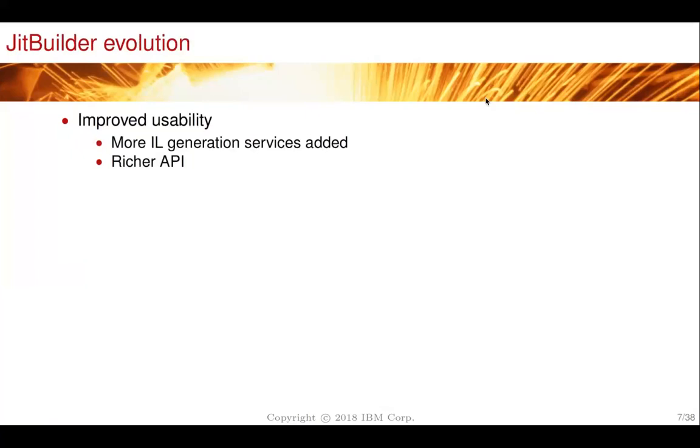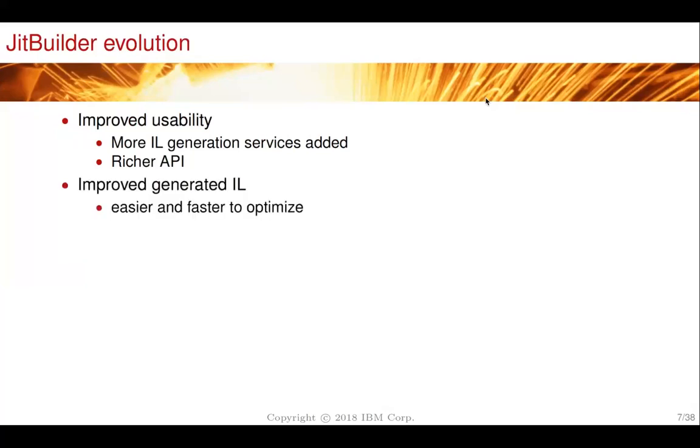One of the major aspects that has been improved is the IL generation services. Over time, as we found more problems to solve, we've identified specific services for generating certain kinds of IL that have ultimately increased the descriptive power of the JitBuilder API.